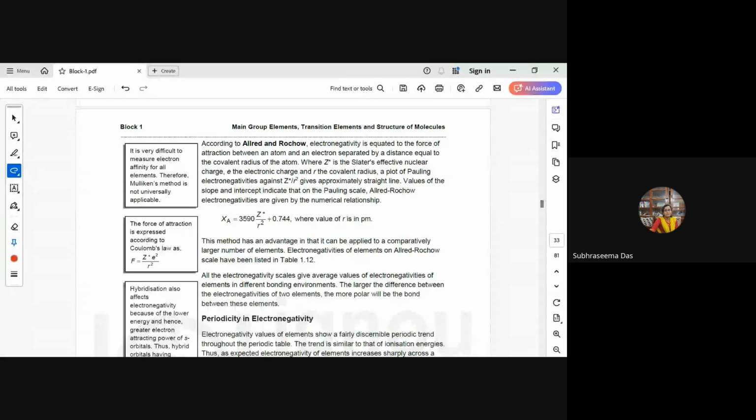According to this scale, chi of an atom A is given by the formula 3590 Z star by r square plus 0.744. Here Z star versus r square gives an approximately straight line, and this method has an advantage in the sense that it can be applied to a comparatively large number of elements.